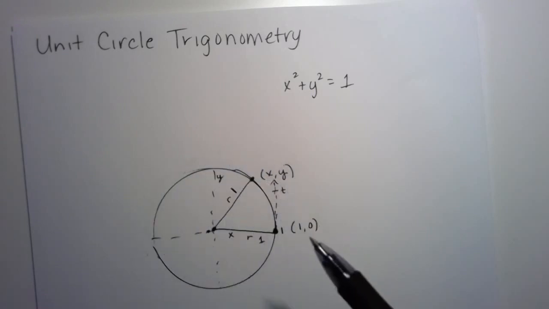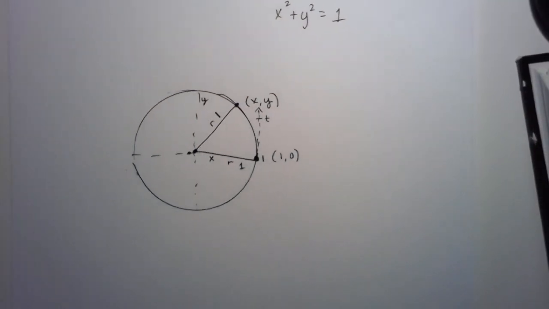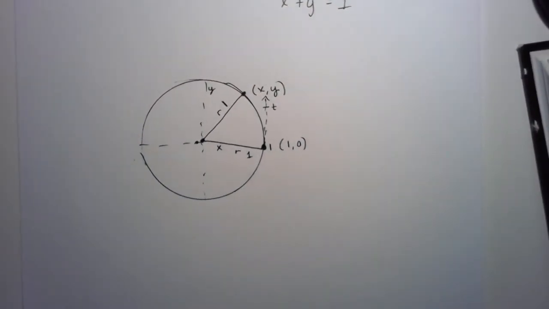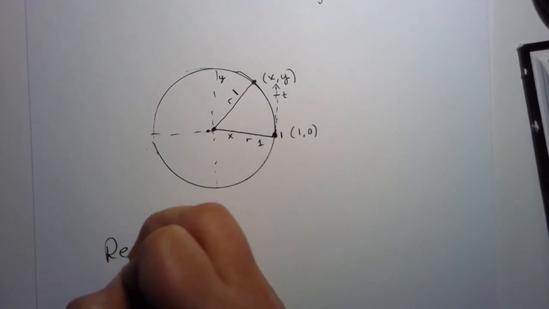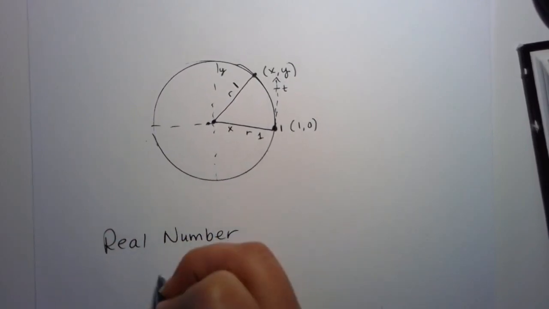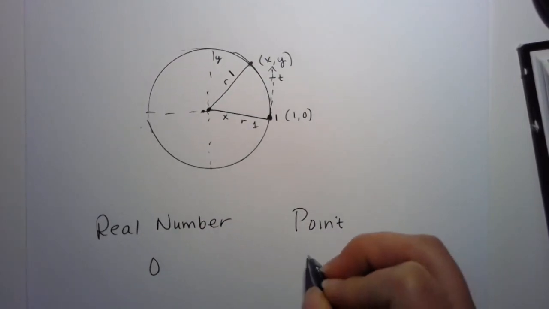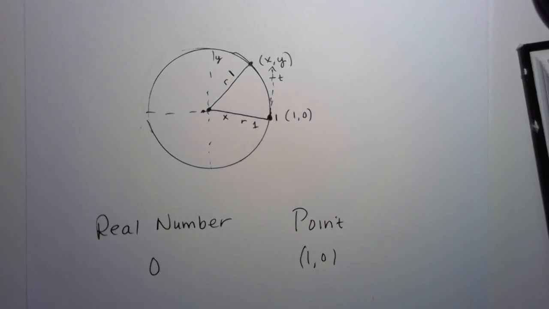So let's write a table down here. The real number 0 in our new function, if it's 0, corresponds to this point over here, which is 1, 0.